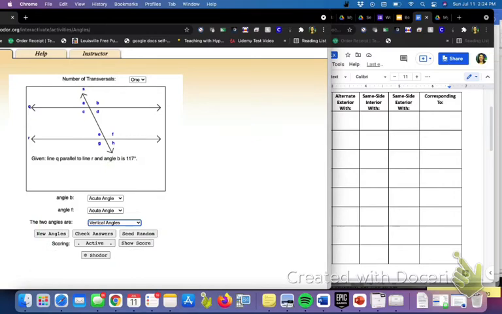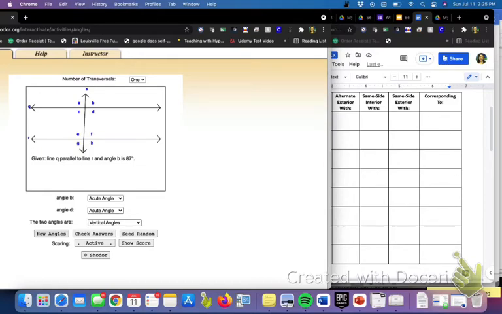So you'll notice every single time you click this button right here that says new angles, you'll get a new diagram, and it will give you 2 different angles that are represented in that diagram. And it's totally okay that the angles change because the relationships are still going to be the same.